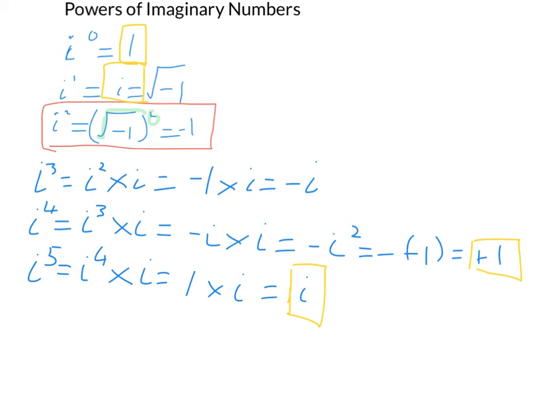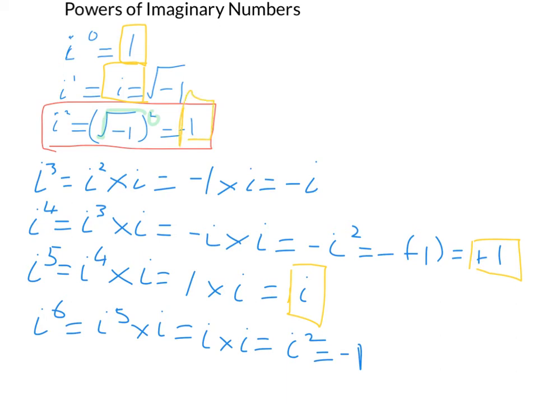So i to the power of 6 is going to be i to the power of 5 multiplied by i. So i to the power of 5 we know already is i. So then we multiply that by i, and we end up getting i squared, or just minus 1. So you may have already noticed this pattern kind of repeats itself in a cycle.